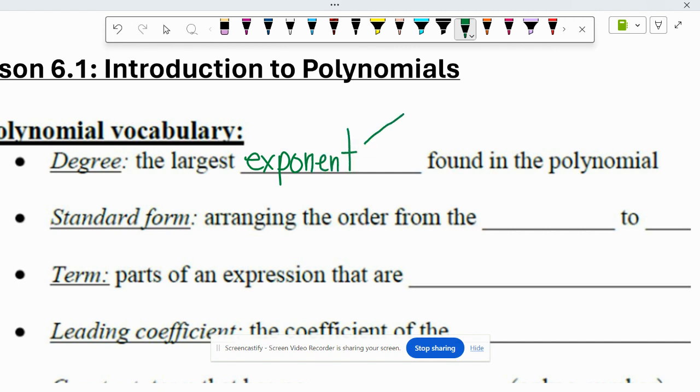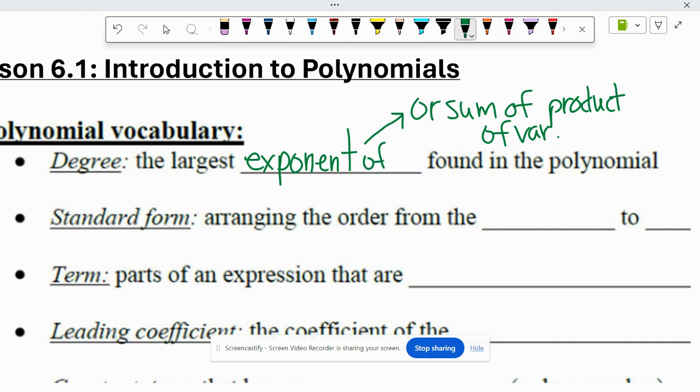And then I'm going to put a little arrow, or sum of a product of variables. So it's the largest exponent on the variable term, and I'm just going to abbreviate that as VAR. It's the largest exponent on the variable term or the sum of a product of variables.